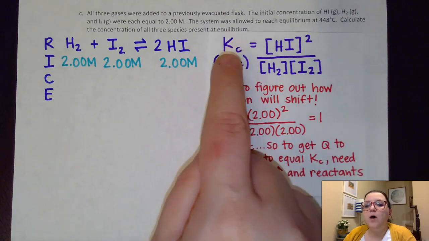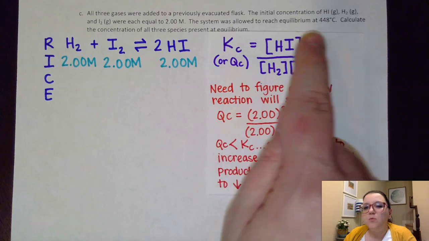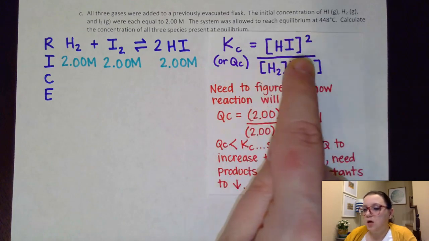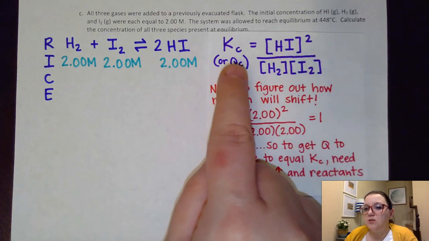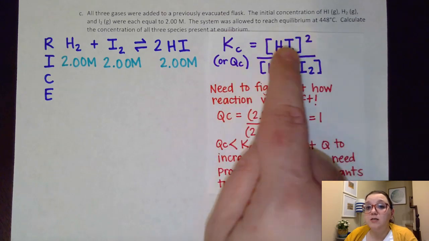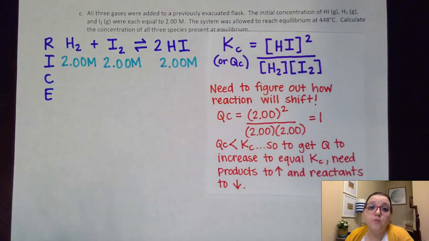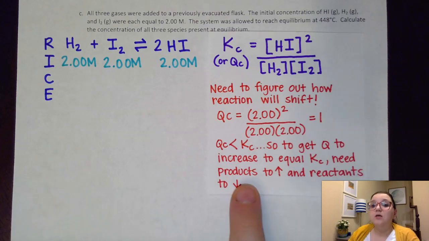So think about what I would want to do to these concentrations to get the ratio to increase. Well, if I want that number to be bigger, the way I would get it bigger is by increasing my numerator. The numerator is the products, so I need the products to increase.